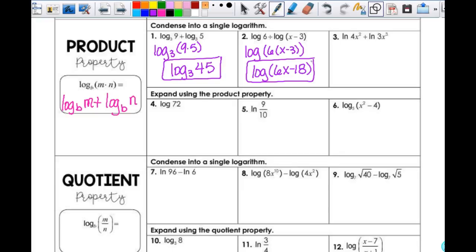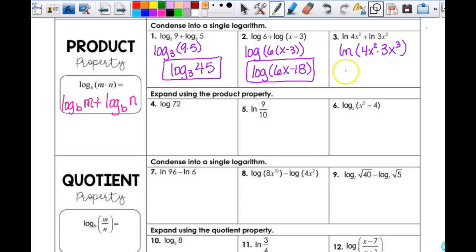All right, so then I have addition here, same base because these are natural logs. Notice that it's the addition of two completely separate logarithms, not addition or subtraction in the parentheses, right? So when I'm adding these, I can condense them to a natural log of 4x squared times 3x cubed.